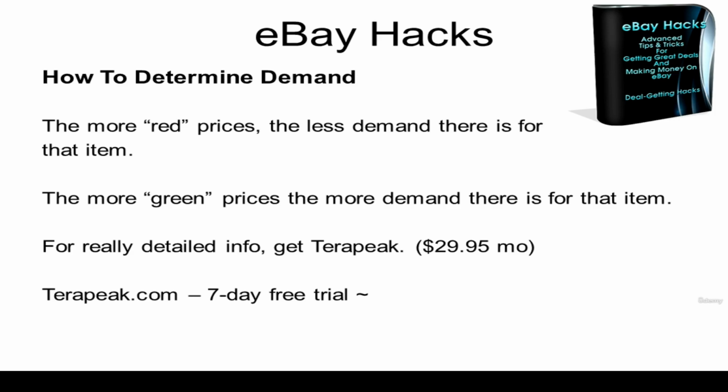And Terapeak gives you just the most incredible, granular, detailed information about supply, demand, listings, number of listings, keywords, all kinds of things. It's far more detailed than I've ever needed, but it is pretty serious. It's a serious tool, and it's going to really help you as you go into some of these deal-getting hacks. So I would say check it out at least for the 7-day free trial and see what you think. And then if you want to continue it, you can continue it at $29.95.